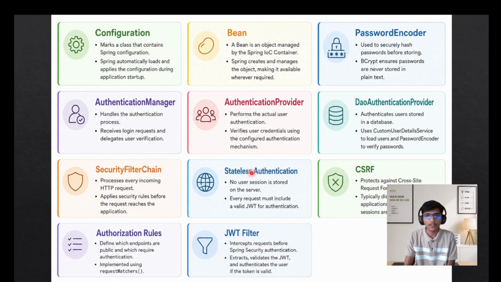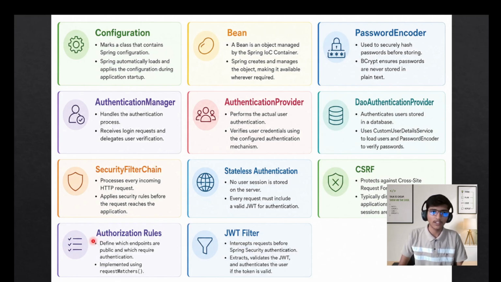This means the server never stores user information. Instead, every request must contain a valid JWT token, and the server verifies that token independently. Then CSRF. This is mainly required for session-based applications. Since we are using JWT and not maintaining server-side sessions, we will disable CSRF.